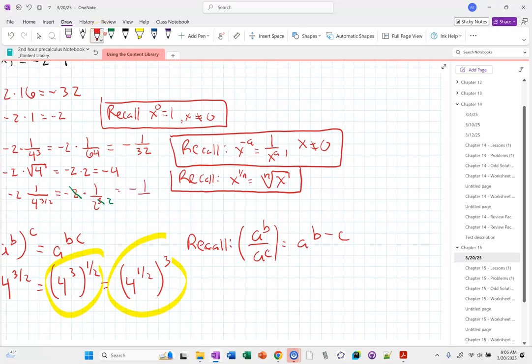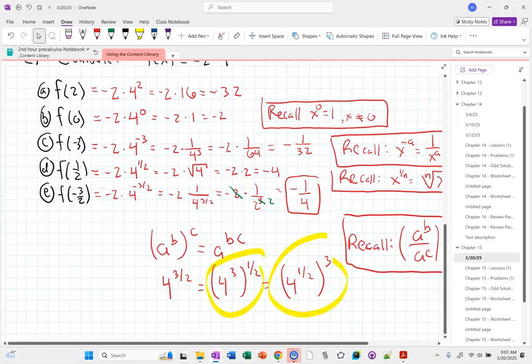So I'm left with -1/4, or -1 over 2 squared. So I think that sums up most of our major rules of exponents, just running through those examples. Do we feel okay with that? Okay.